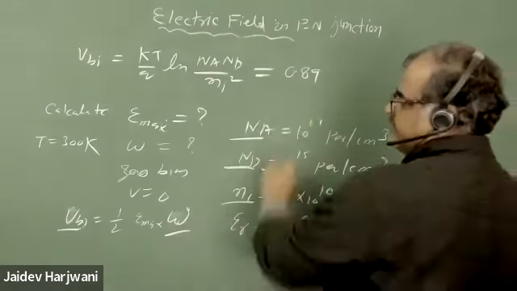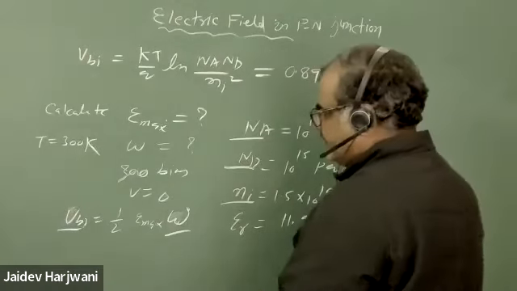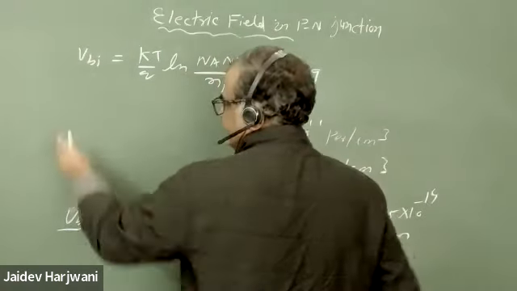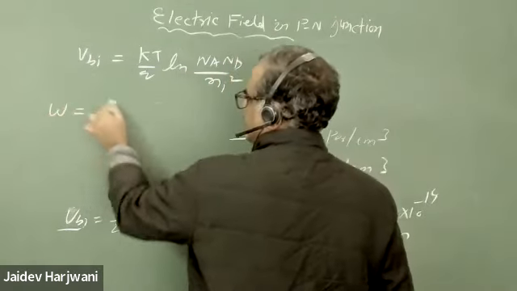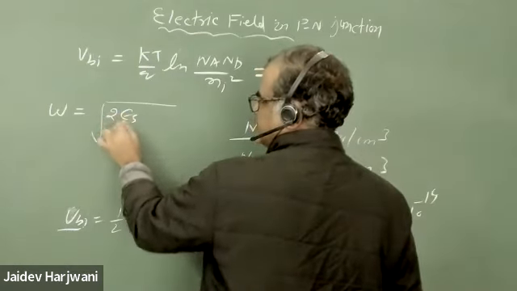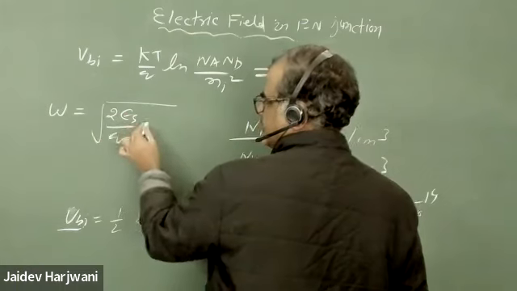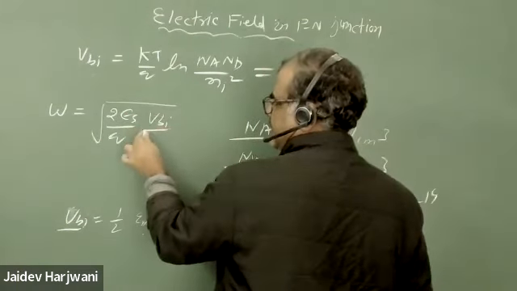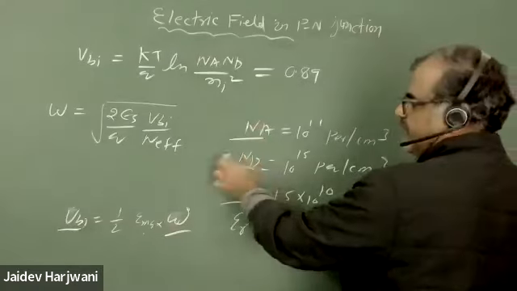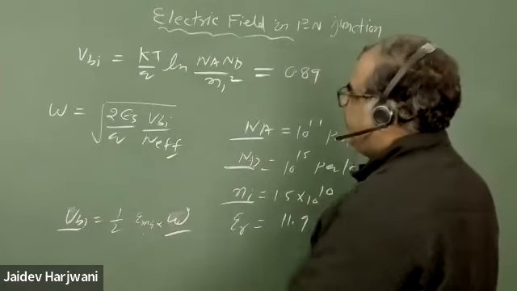Once you know the VBI, now you can calculate depletion layer width. The formula for depletion layer width is W equals 2 Es upon q, times VBI, upon N effective. You have Na and Nd, so you can find N effective also, and VBI you have calculated.